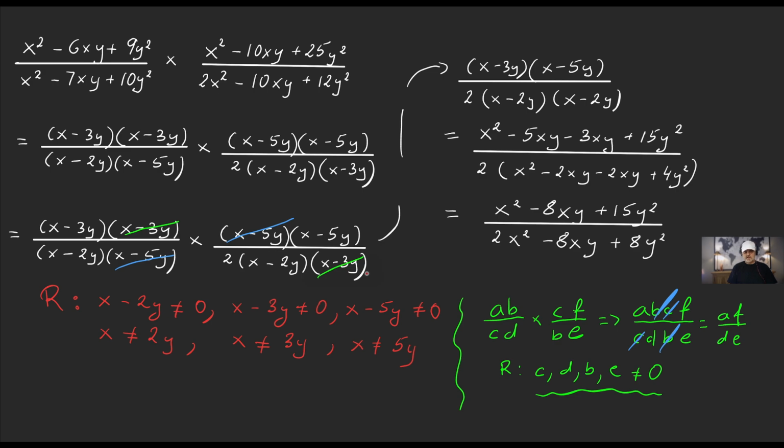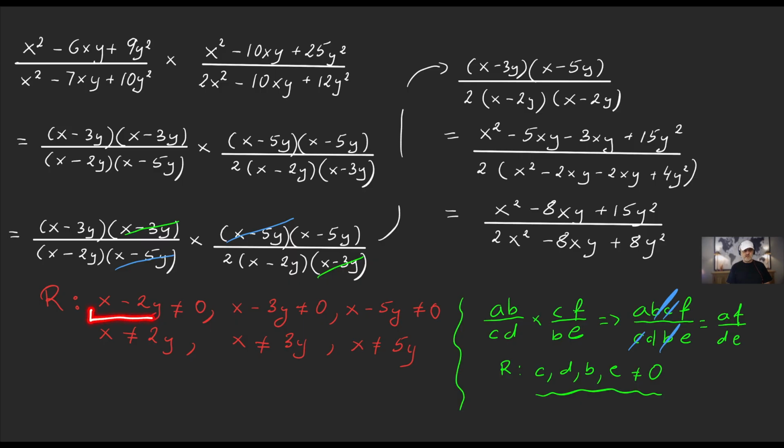Then you can reduce it. And if I were to reduce both x minus 5y and x minus 3y without thinking of the restrictions at the same time, I'd be missing out on those restrictions in the end. So restriction steps in step 2, when you reduce, are very, very important.